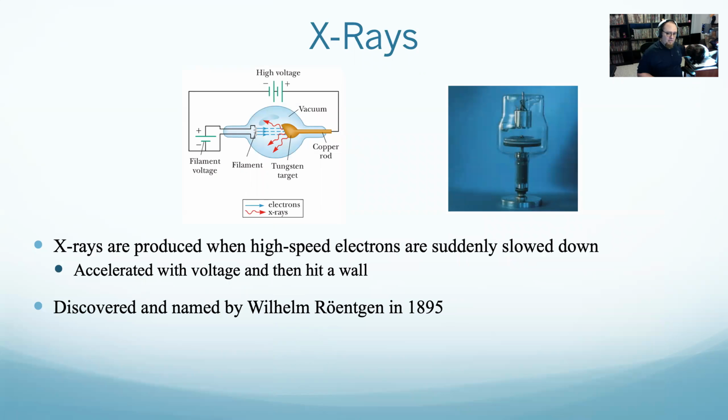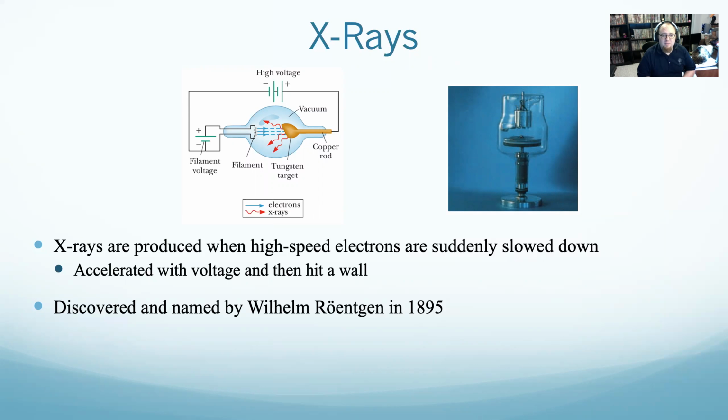X-rays, first discovered in 1895, so a little bit earlier, by a man named Wilhelm Röntgen, were so named because they had no idea what they were. The X is just a placeholder for an unknown. What people knew, though, is that if you take really fast moving electrons and slow them very quickly, they produce some unknown type of ray.